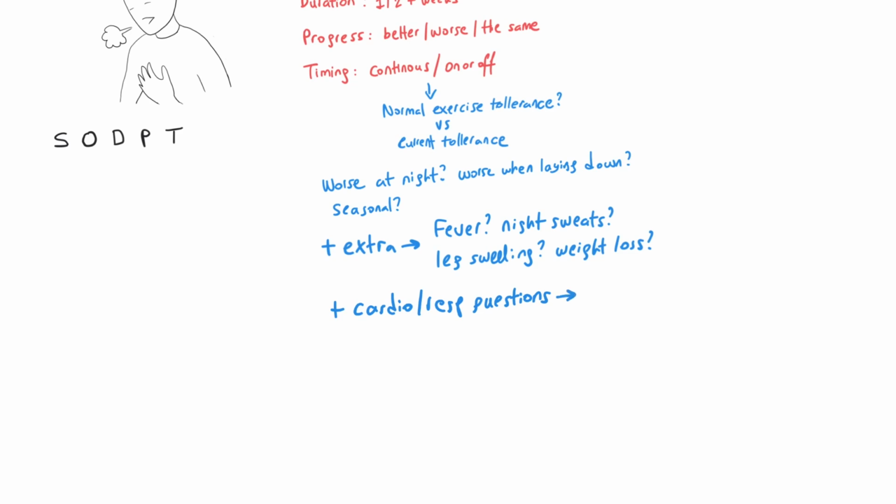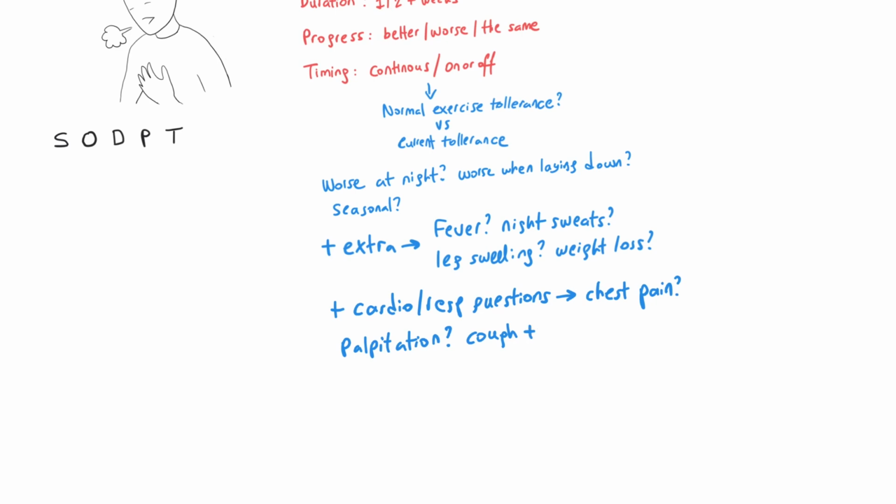This could be chest pain. You want to ask them about palpitations. You want to ask them about cough, and explore that in more detail. I'm going to do a separate video for cough, to cover a bit more detail about it specifically.